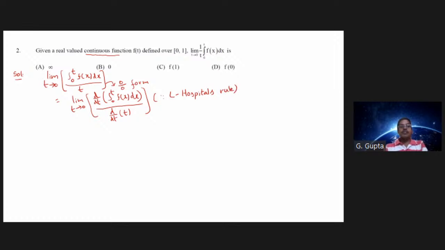So this is equal to limit t tends to 0. This is by the first fundamental theorem of integral calculus.